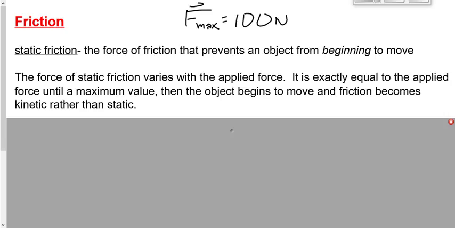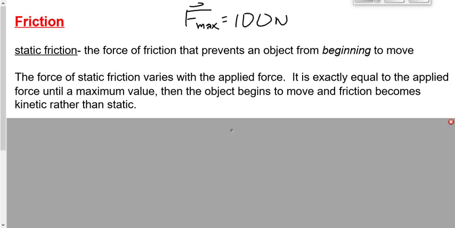I push on Jacob's desk with a force of 5 newtons. The desk doesn't move. Why? Because static friction pushed back with 5 newtons. I push on Jacob's desk with 20 newtons. It doesn't move. Why? Because friction pushed back with 20 newtons. It's a pain-in-the-butt force. It pushes just as hard as I push.